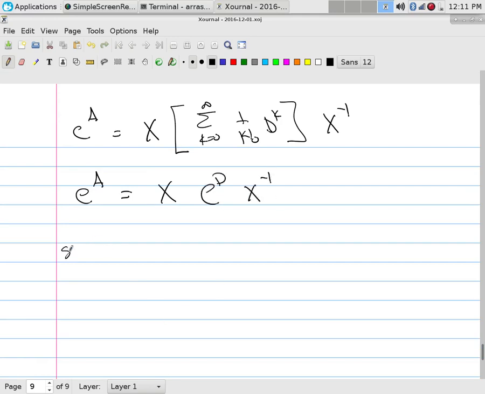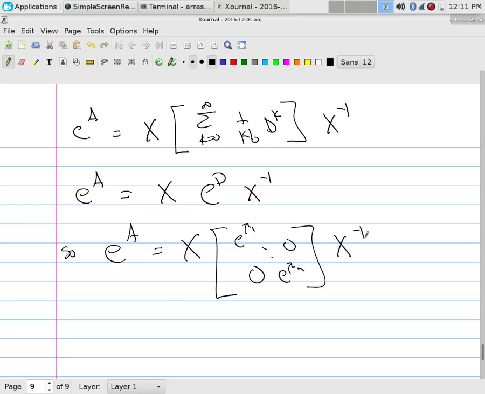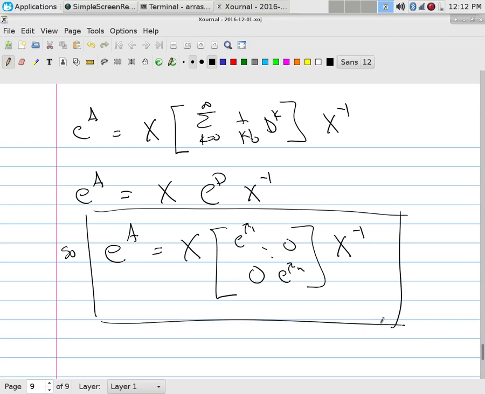And so what is e to any matrix? It's the eigenvectors times e to lambda 1 down to e to lambda n, 0, 0, times X inverse. Now we have something we can do. As long as A is diagonalizable, I can take e to that particular matrix power.